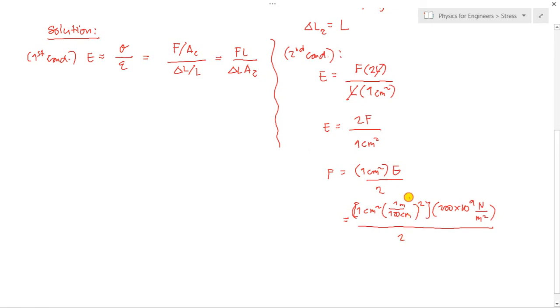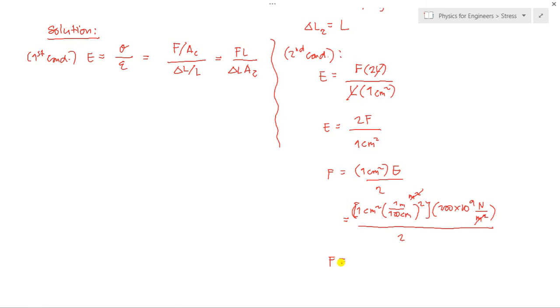This is in meter squared after converting 1 cm squared into meter, so it cancels. Now, our assumption is right that the force is in newtons. Simplifying this, we have 1 over 100 squared, then multiplied by 200 times 10 to the power of 9, divided by 2.